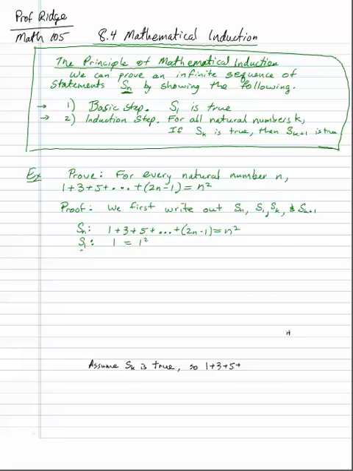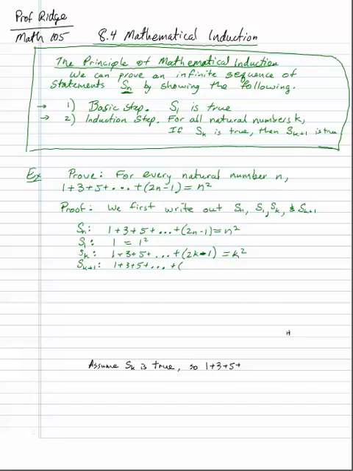And S sub k, now we're just going to substitute k for the n. It's helpful to write all this out, so that when we do our proof, we know the direction we're going. Oops, this should be 2k minus 1 equals k squared. We're not really doing the proof yet, we're just setting everything up. And then S sub k plus 1 is 1 plus 3 plus 5 plus dot dot dot plus.